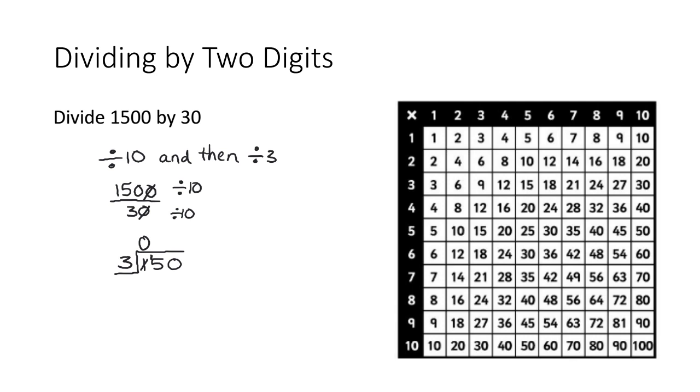Well, I know by my multiplication table that 3 times 5 is 15, so 3 goes in 5 times into 15. And 3, how many times does it go into 0? It goes in no times. So my answer for that one, 1,500 divided by 30 is 50.